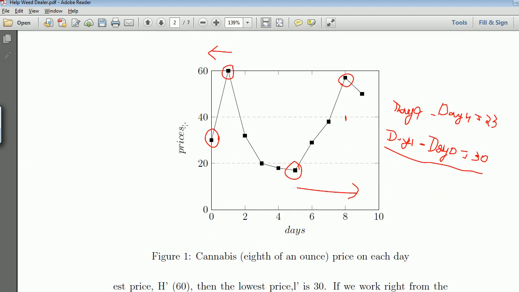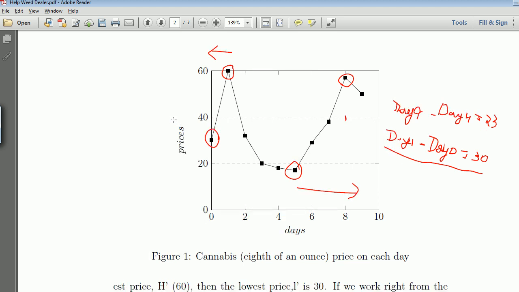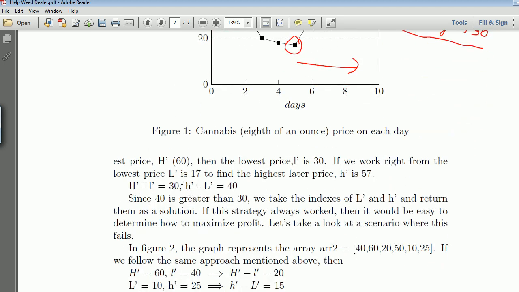But do you think this solution is correct? Well, this solution almost convinced me that it's right, but unless I saw this one.